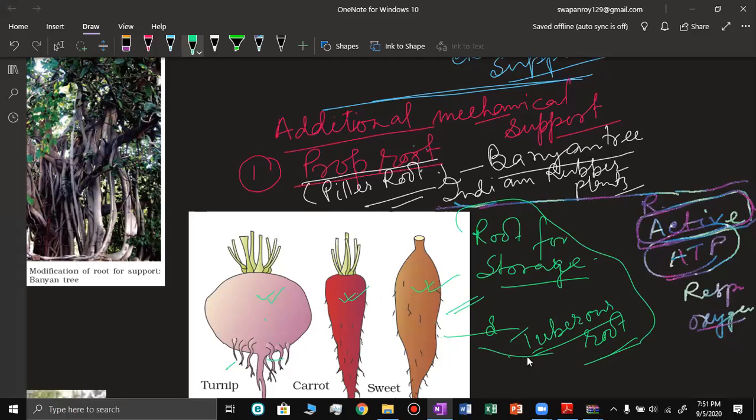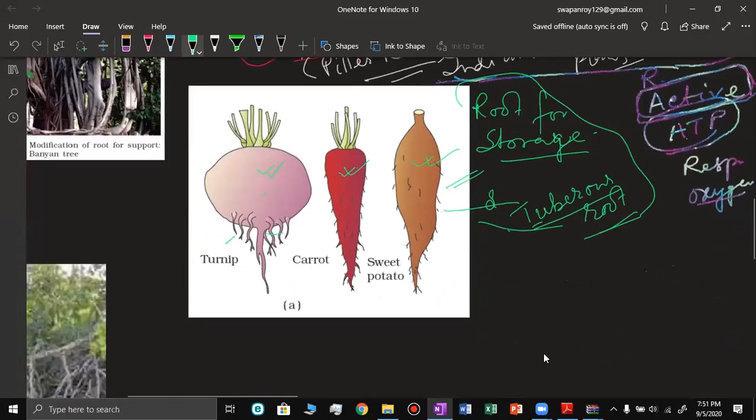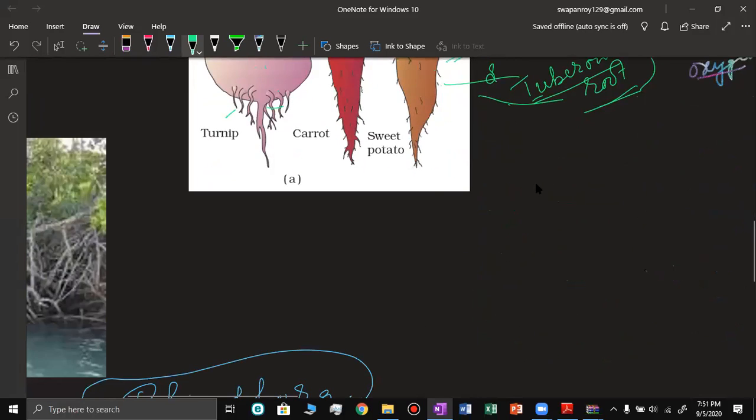In case of asparagus, several tuberous roots are there.